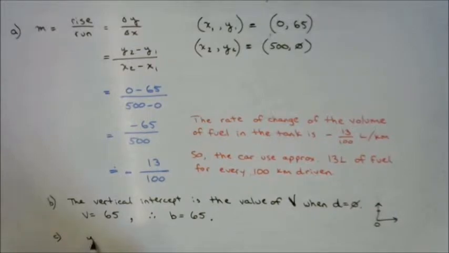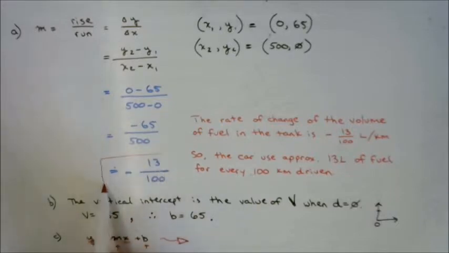So an equation is always in the form y equals mx plus b. And when we have a finished equation, y and x will still be in it, but m and b will be replaced by actual values. So what are the actual values of m and b? M is 13, right?